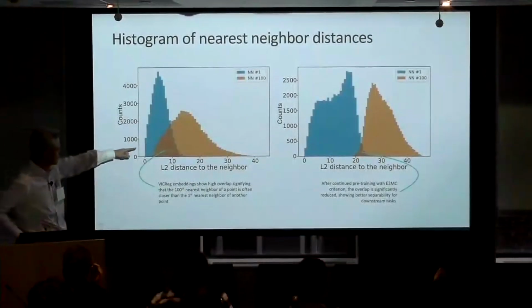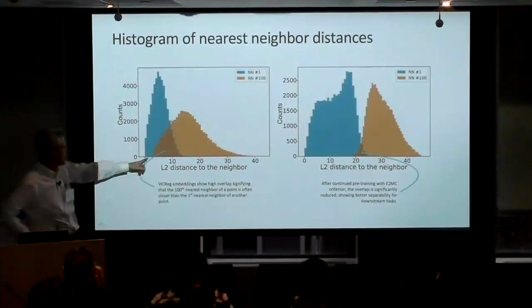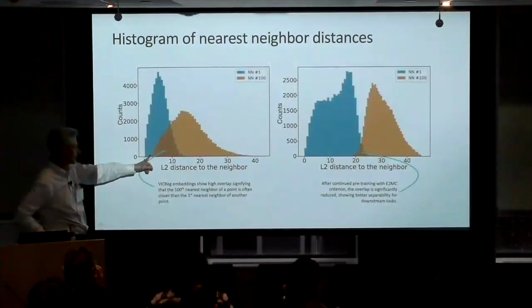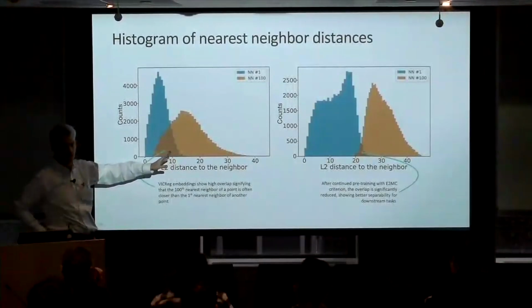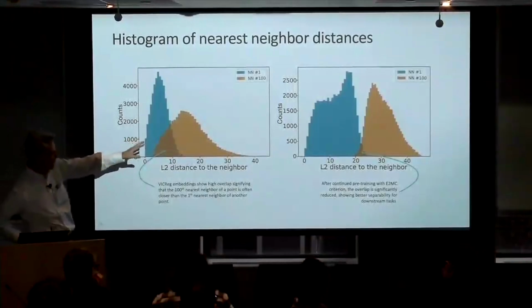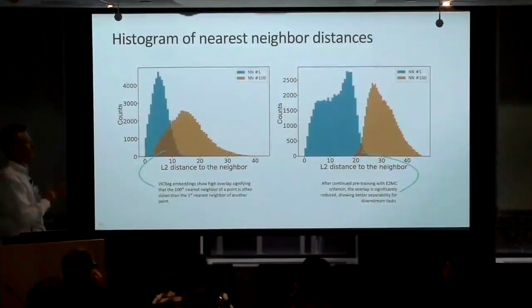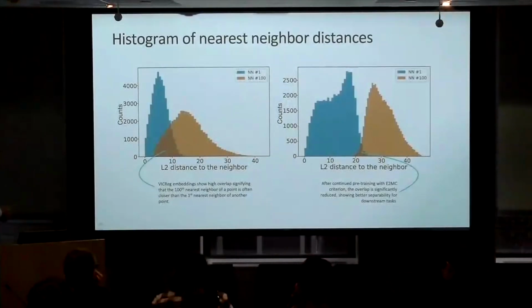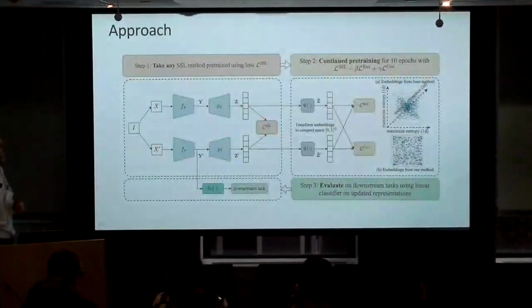Basically, this slide shows that many of the 100th nearest neighbor distances are actually closer for some points than the nearest neighbors of other points, which is a sign that you're highly non-uniform. After our processing, we get much better results in those regards. So most points have very nearby nearest neighbors and far away 100th nearest neighbors. It's still not perfect, as you can see, but it's much, much better. So that's another way to examine the results.